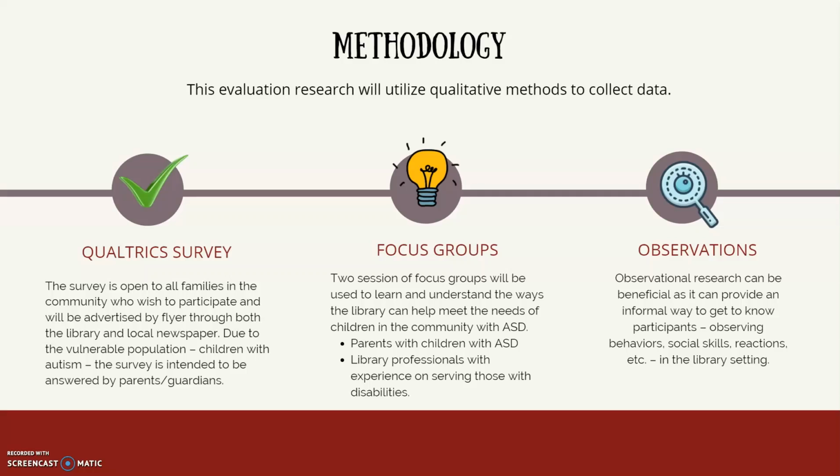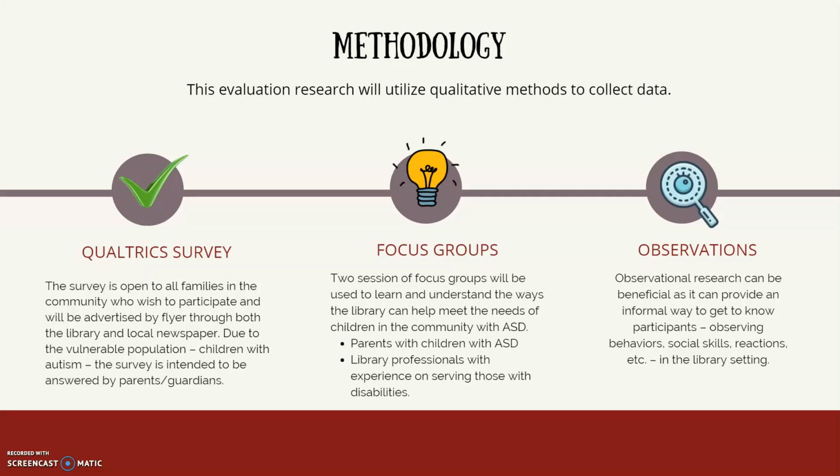For methodology, this evaluation research will utilize qualitative methods to collect data, one being a Qualtrics survey. The survey was created and open to all families in the community who wish to participate, and it will be advertised by flyer through both the library and local newspaper.